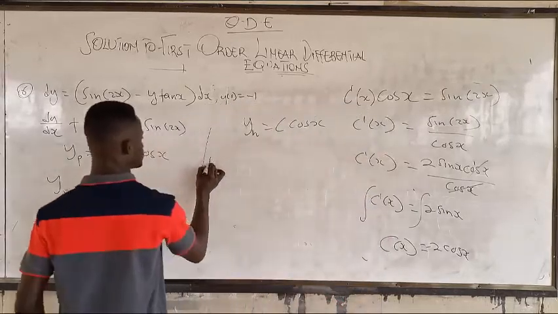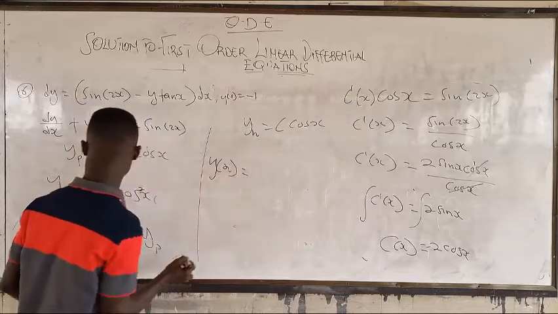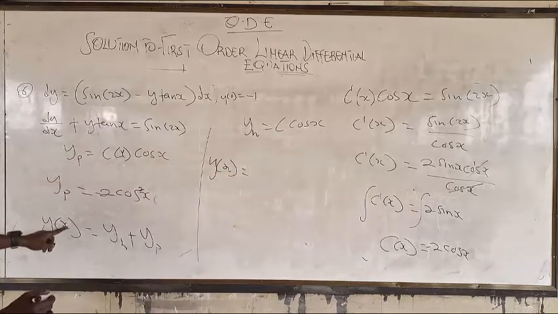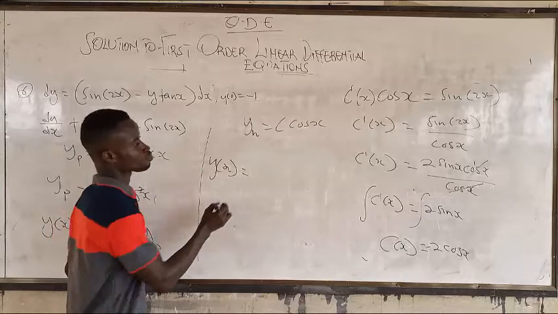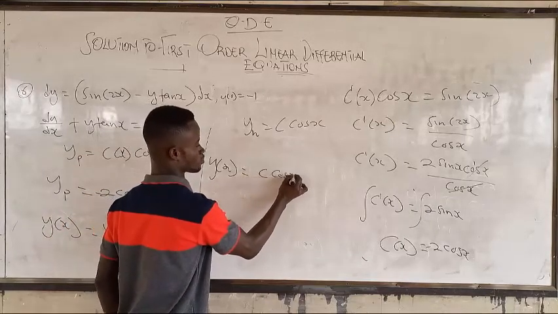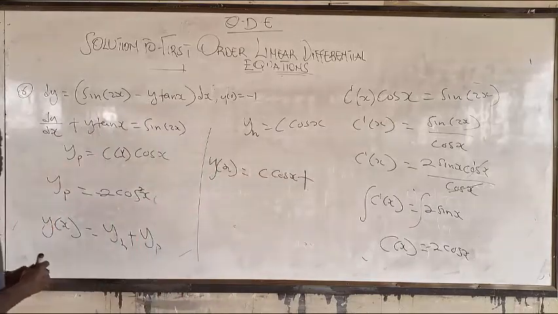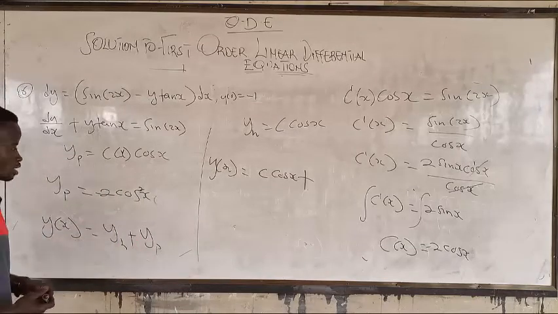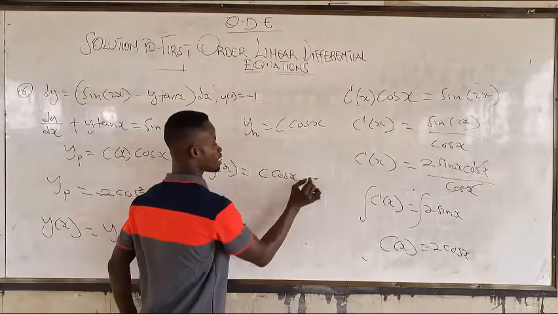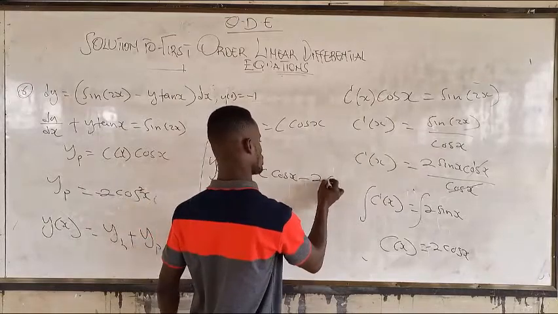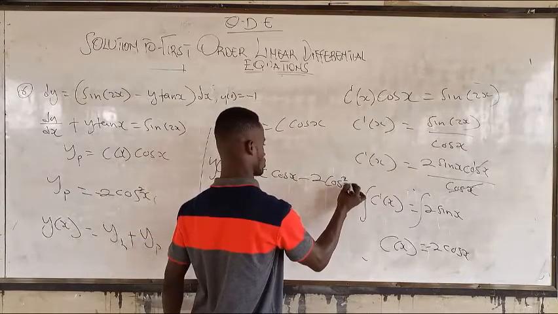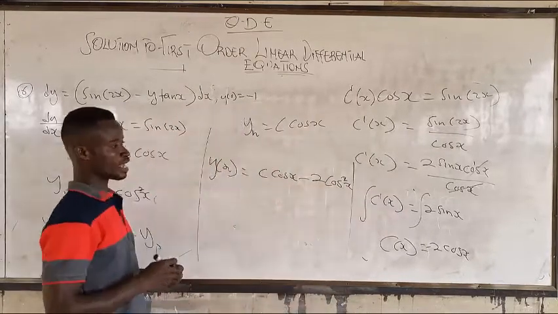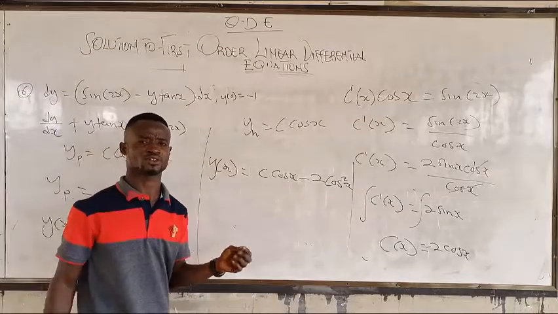Therefore, finally, we are going to get y of h plus y of p, which is going to make here negative 2. Alright, so that's going to be your final answer for the general solution.